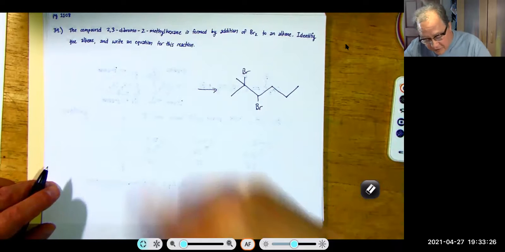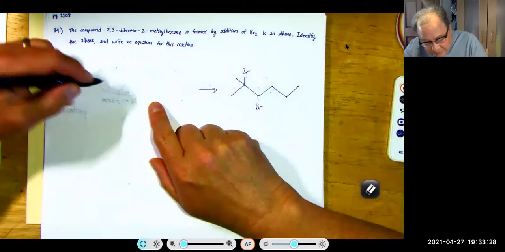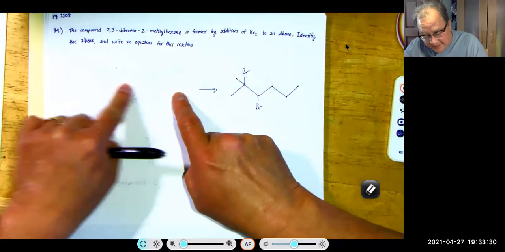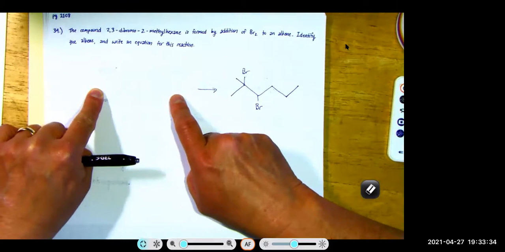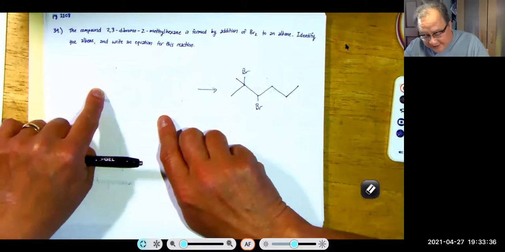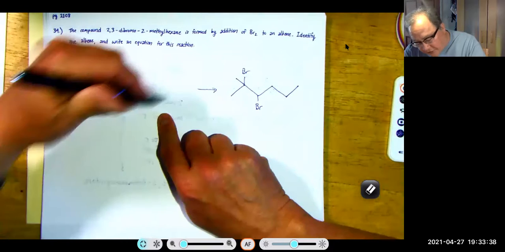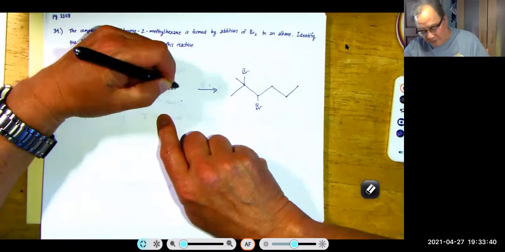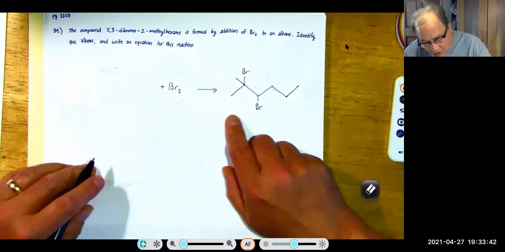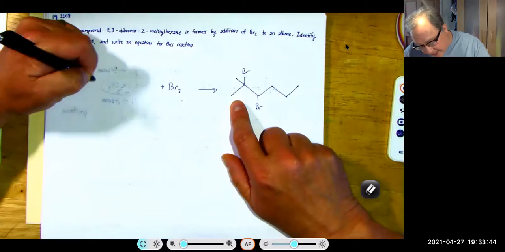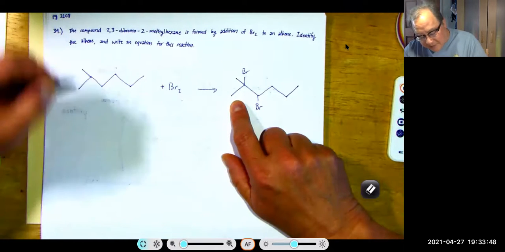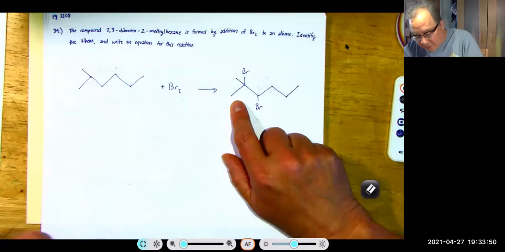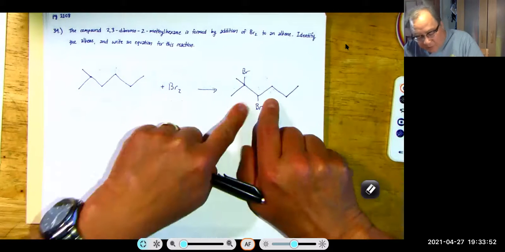Okay, now over here, I had to have some sort of alkene, right? So we need a double bond somewhere. The deal is we're going to add bromine to this, so all of this is going to look exactly the same, except what is going to be missing from this if in the product we have added bromine to this?